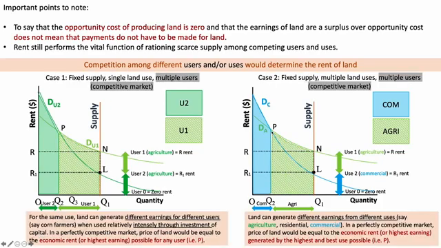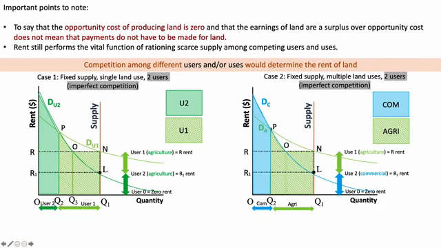And beyond point P, the rent for agricultural user is lower, represented by dA, and therefore the rent for land will be determined by rent corresponding to demand for commercial land. So the shaded area, a combination of blue and green, would be the determinant of rent. This is how the rent graph will look like.